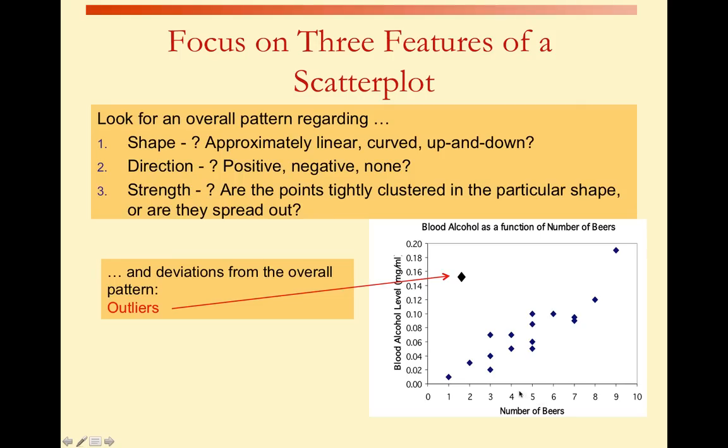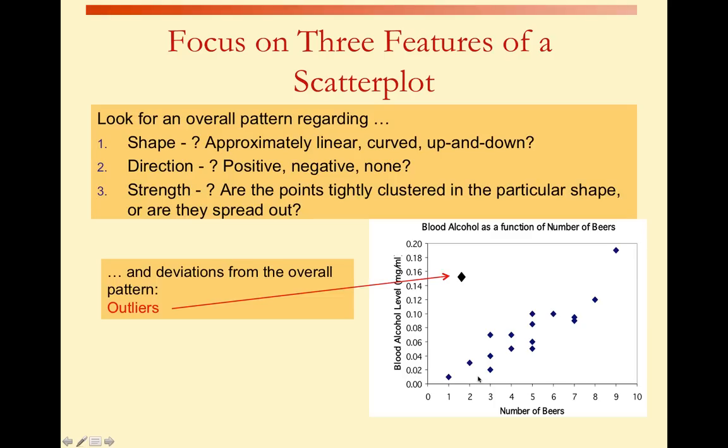Of course, we understand this relationship is very likely to be a positive association, meaning that the more beers you drink, the higher your blood alcohol level will be. So when we create a graph of two numerical variables where we put one numerical variable on the x-axis and the other on the y-axis, we call that a scatter plot.